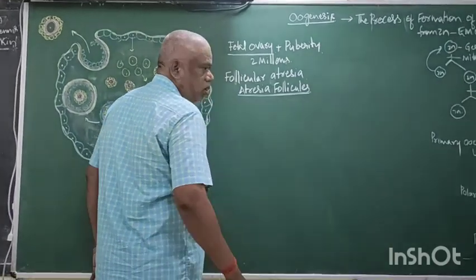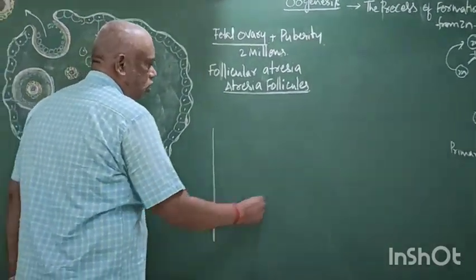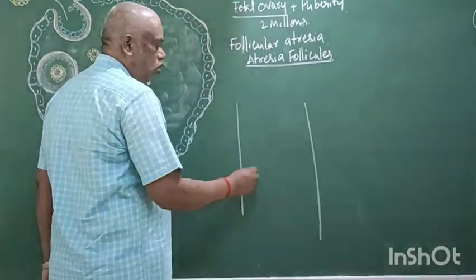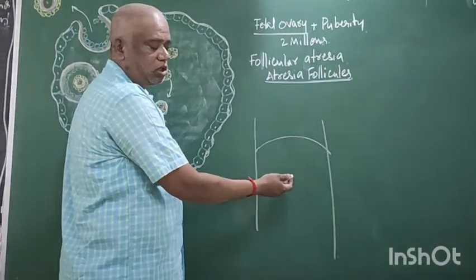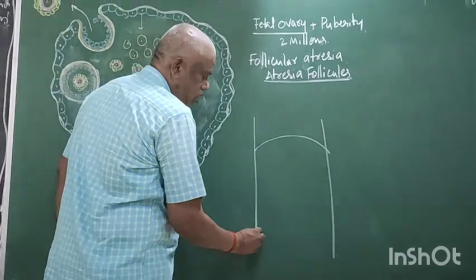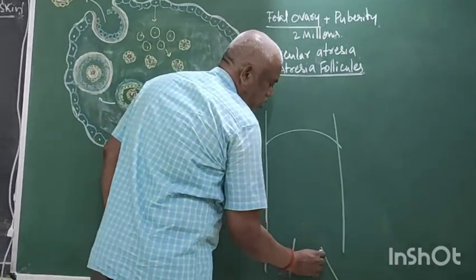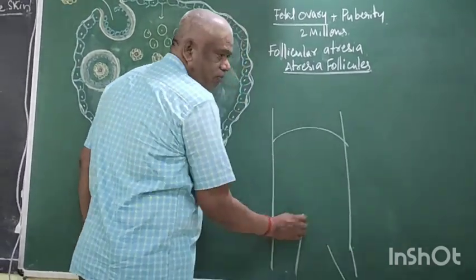Now, this is the female body: the diaphragm, thoracic cavity, abdominal cavity. Now this is the pelvis area.